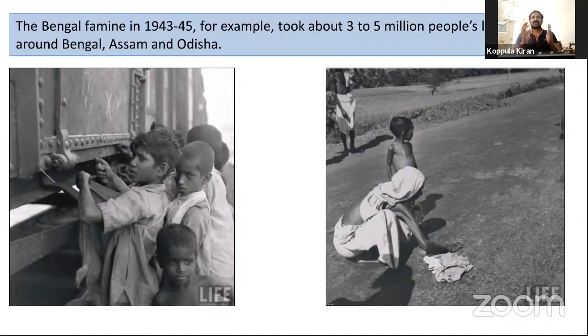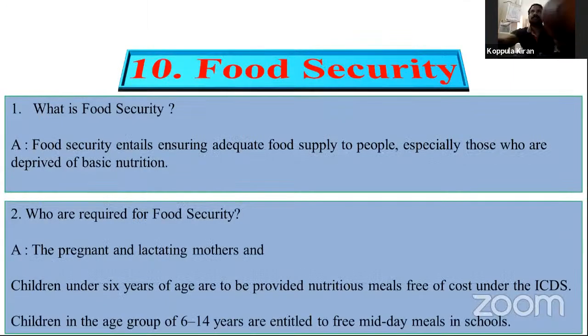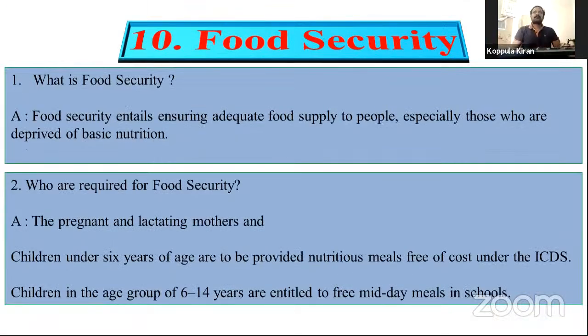This is a natural disaster, in case droughts and famines occur countrywide. So let us discuss food security in our lesson. What is food security? Let us see this slide. Food security entails ensuring adequate food supply to people, especially those who are deprived of basic nutrition.